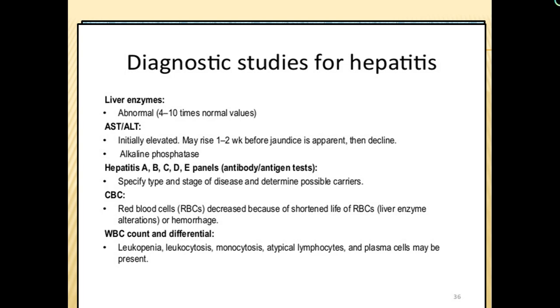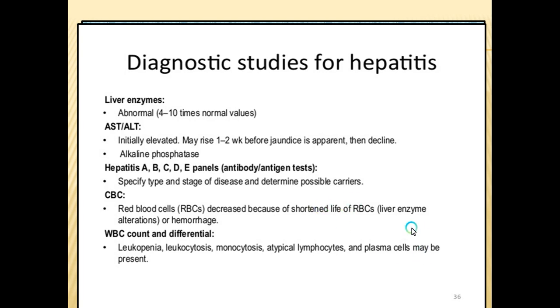Okay, so apart from that, RBCs also will be changed. RBCs may be decreased because of shortened RBC lifespan. We know that the normal lifespan of RBCs is 120 days, but in small children, we have already discussed in physiological jaundice that because of the fetal RBCs, they are less.